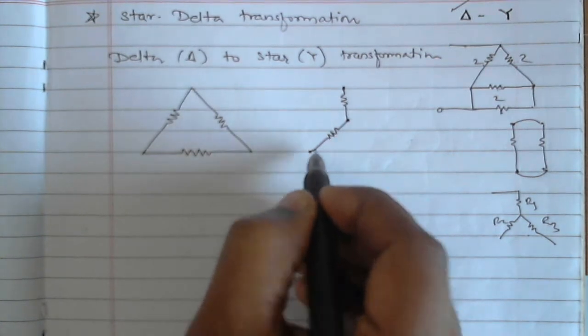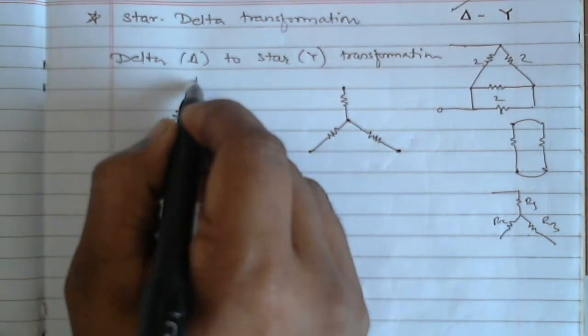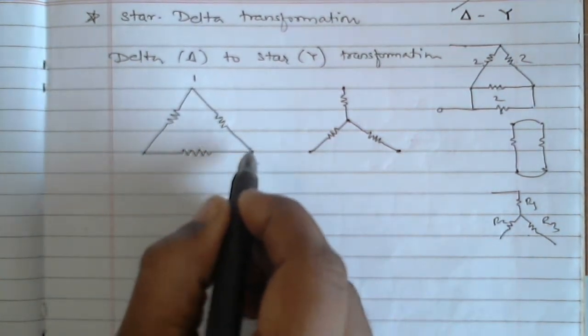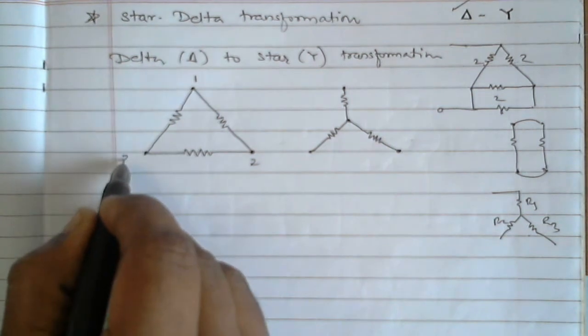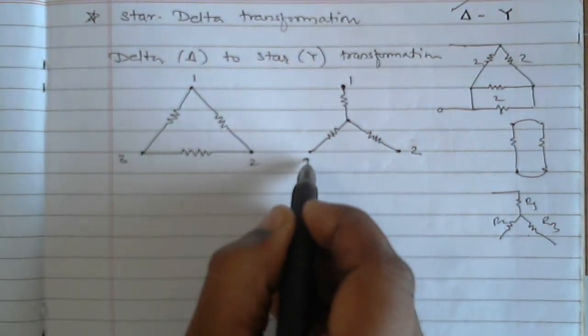We have to find a relation between them. Okay, so this is 1, 2 and 3. Similarly here this is 1, this is 2, this is 3.